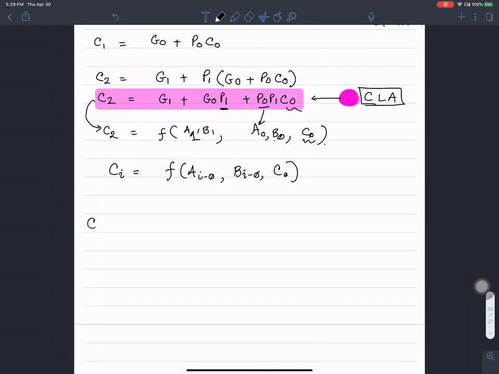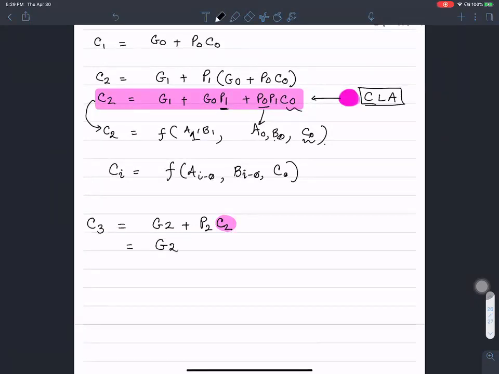So let's do C3 as well. C3 can be expressed as G2 plus P2 times C2. But again, here is the dependence I want to break. I can't tolerate that C2, so I'm going to have to break that up.